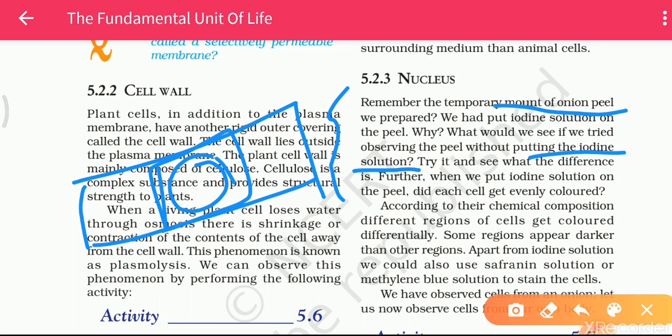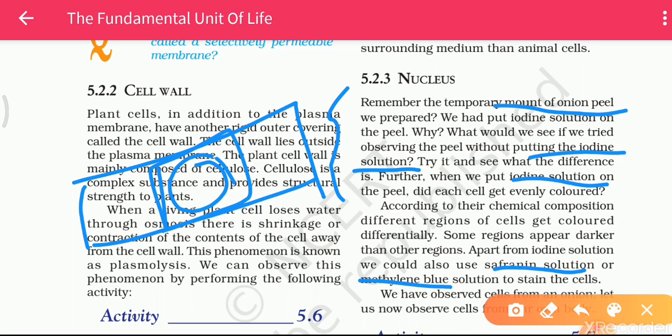But what happens when we put the iodine solution and other solutions on this slide? When we put the iodine solution or safranin solution or methylene blue solution, it will differentiate the nucleus from the other parts of the cells. It means the nucleus and other structures are differentiated in the cells by staining them with iodine, safranin or methylene blue.